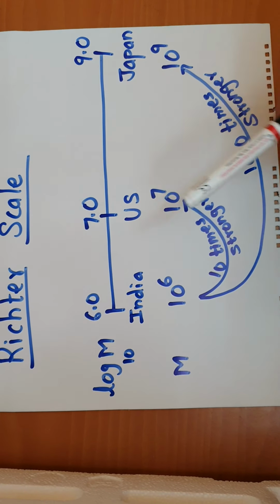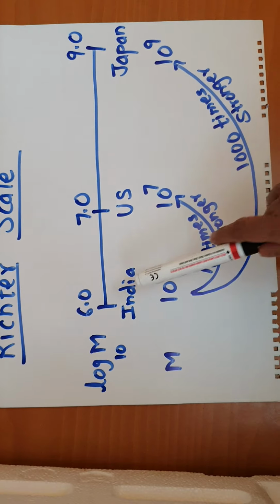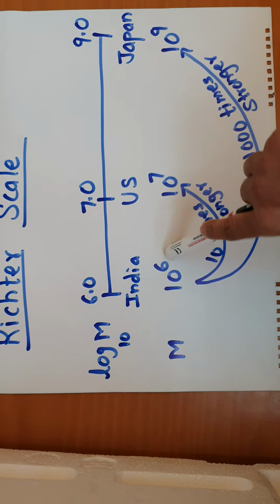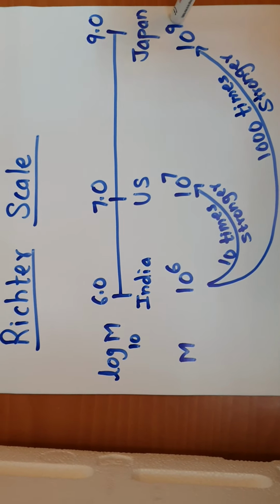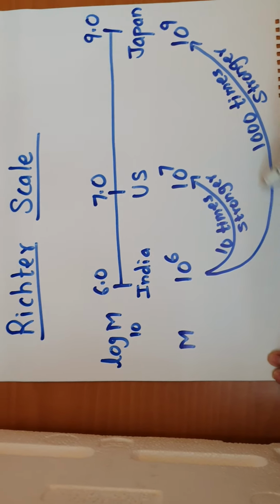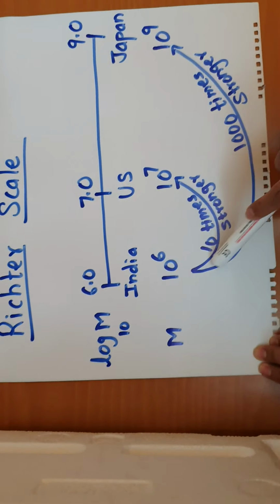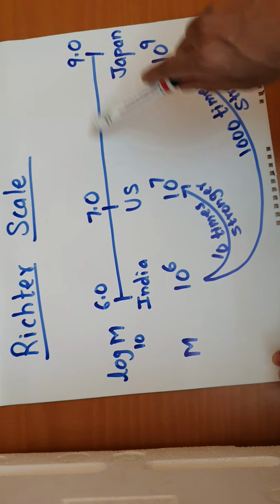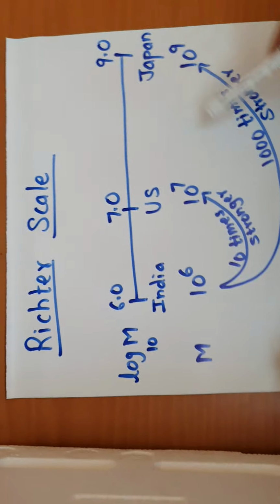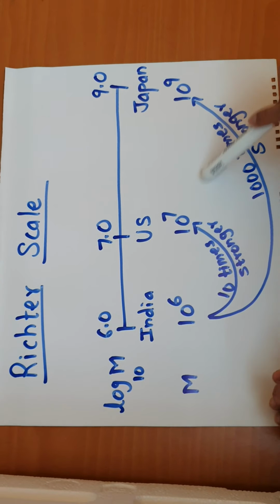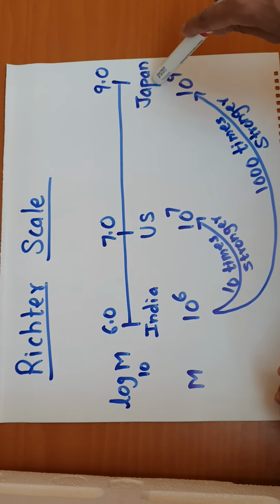If you compare the earthquake of India and Japan, in India it is 10 raised to 6 and in Japan it is 10 raised to 9. So the earthquake of Japan is 1000 times stronger compared to India. If you compare US with Japan, then it's obvious. The earthquake in Japan is 100 times stronger compared to US.